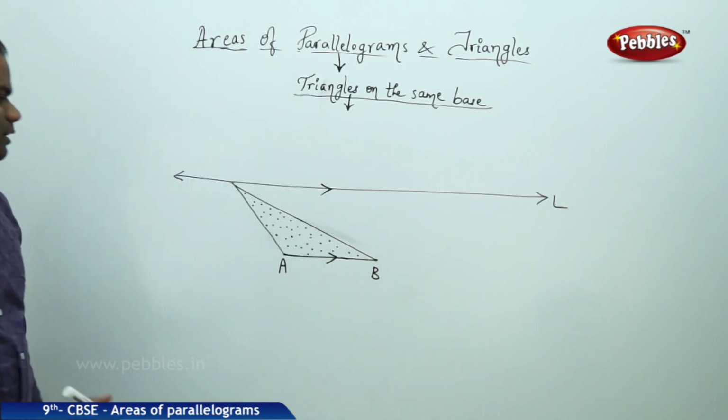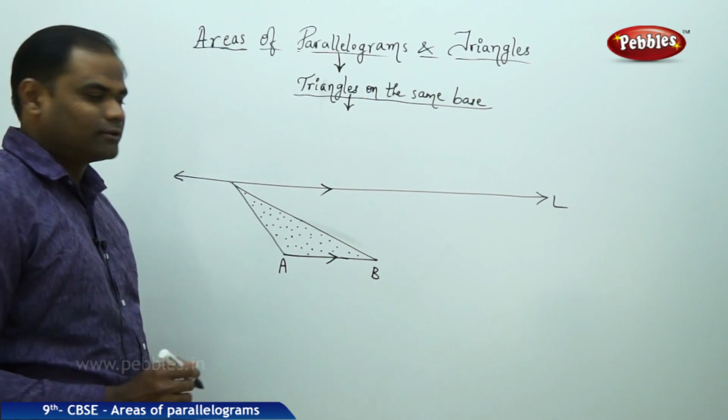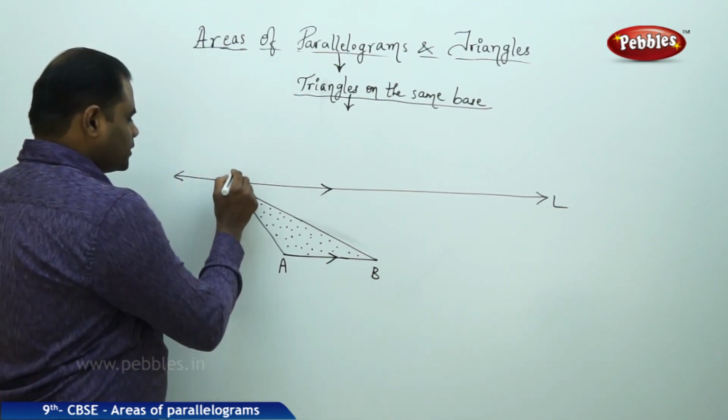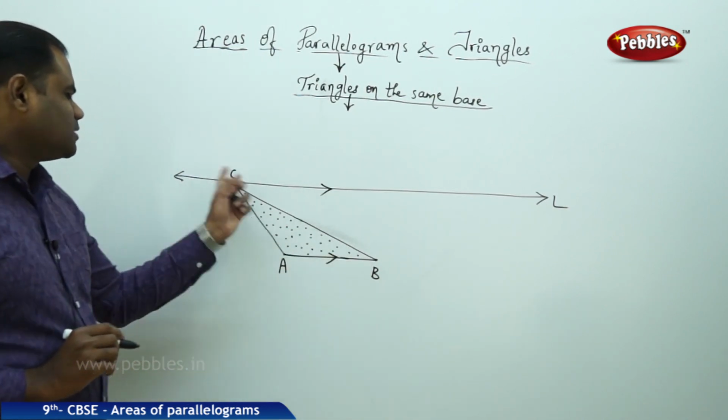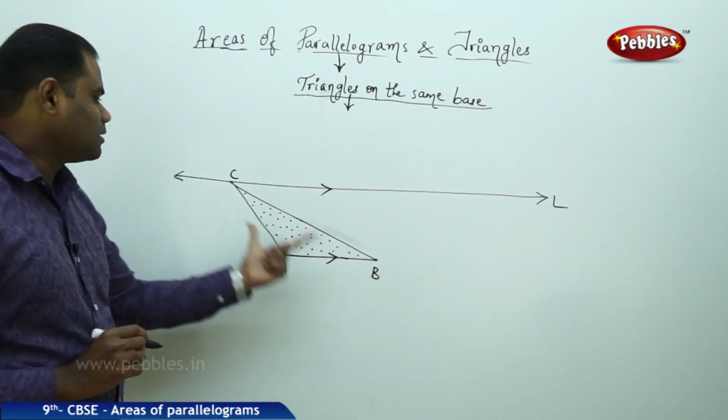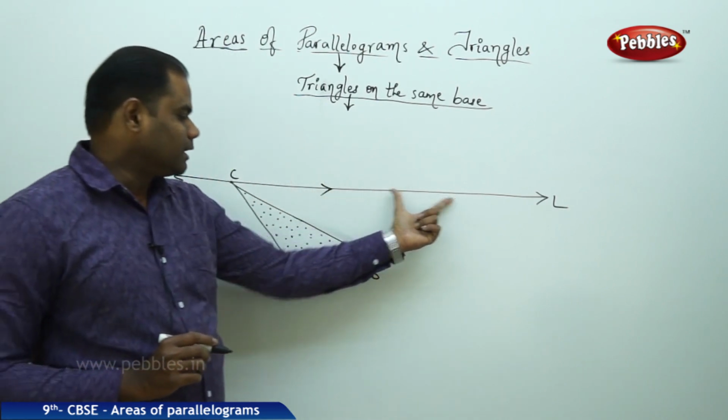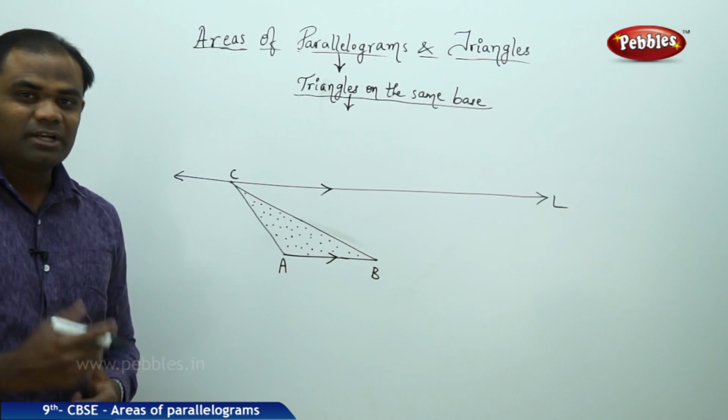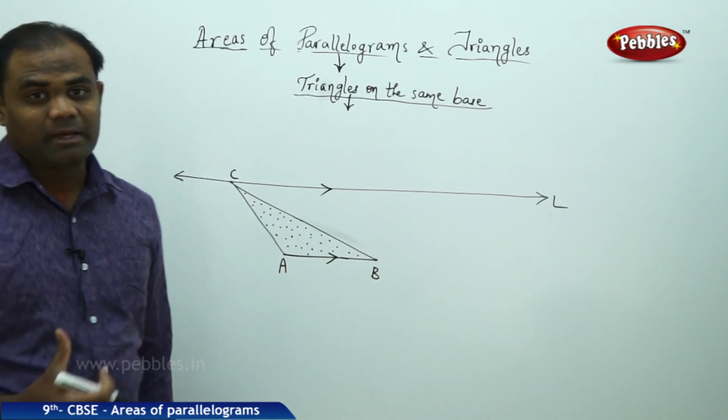So this is the triangle, the first triangle which connects the line L with point C. So ABC is a triangle with the same base AB and between the parallel line L and AB. So let me take one more triangle in the similar manner.